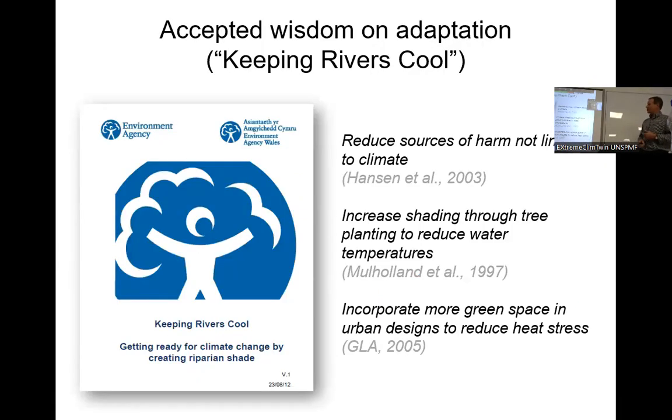The response to this warming has been around what can we do to keep rivers cool? And those responses might be typically around the development of shading through planting of trees on the riverbanks. For small rivers, that's obviously going to be one option.